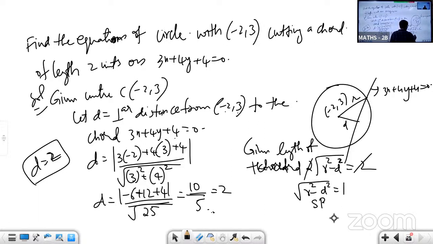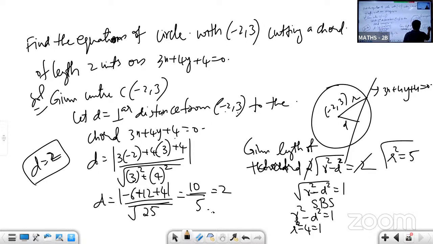Squaring on both sides, R square minus D square equal to 1 square, which is 1 only. D I know is 2. So R square minus 2 square, which is 4, equal to 1. Means R square equals 5. See, I got the radius. Actually, radius R is root 5.